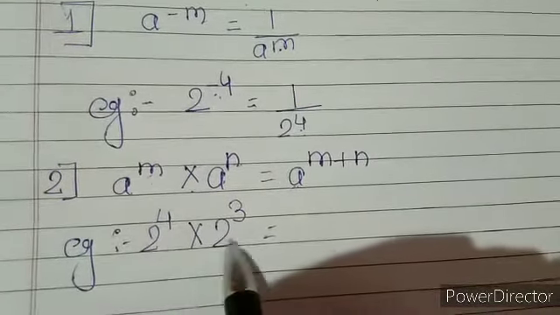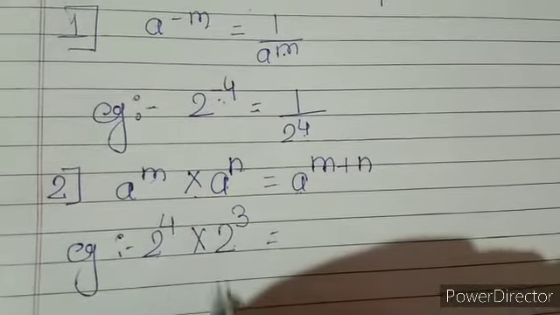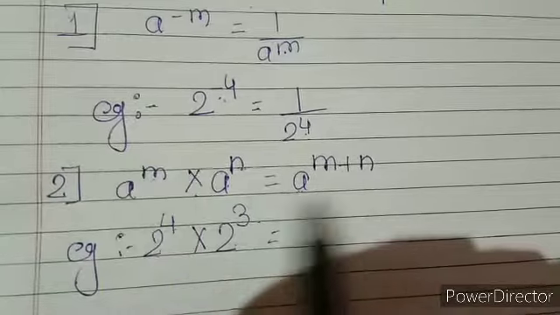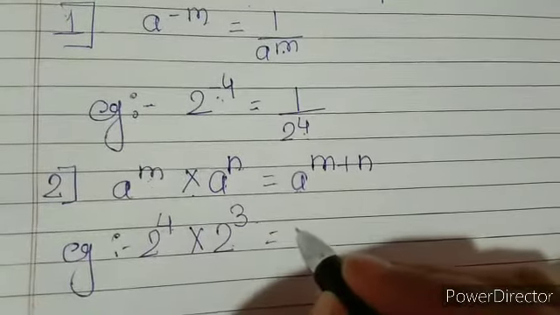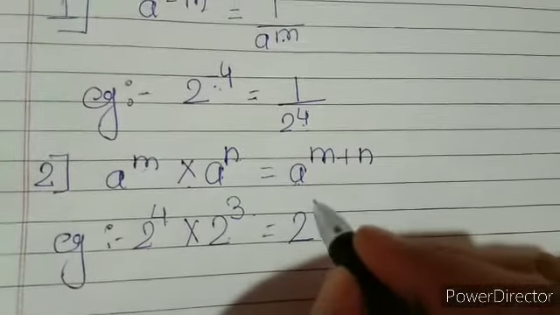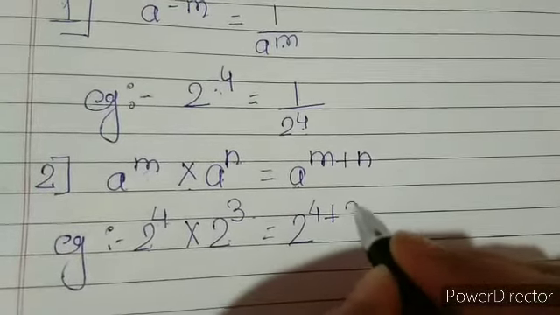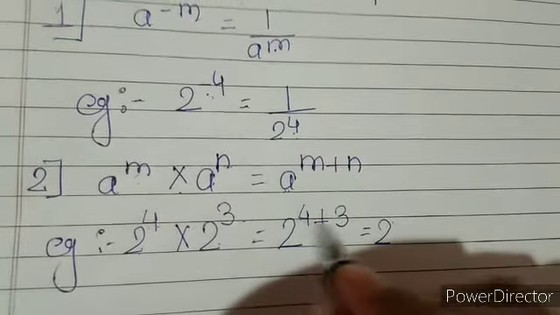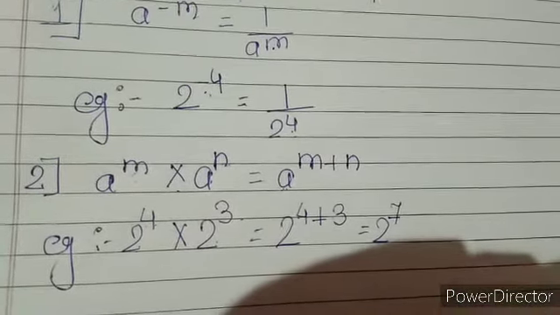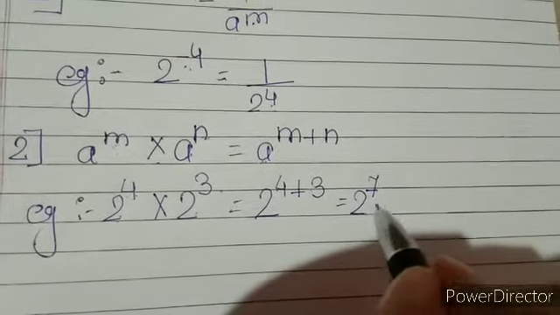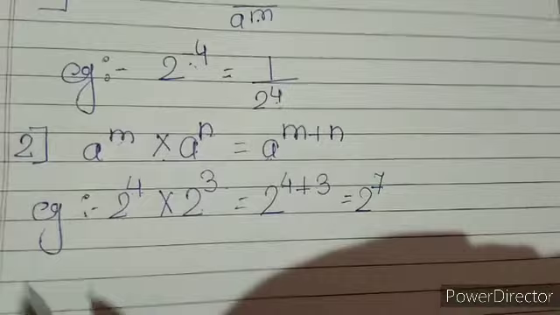Again the base is the same, and the index is different, 4 and 3. So by using this law of exponents we can write the base one time and add the indices. 4 plus 3 is equal to 7. If you want to find the value, then multiply 2 seven times.